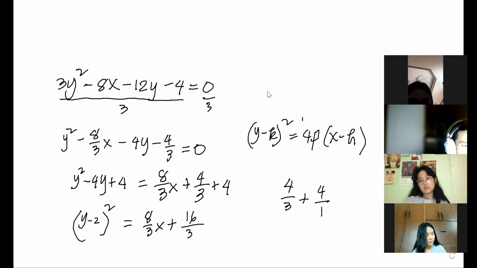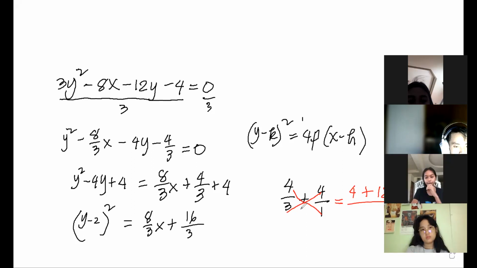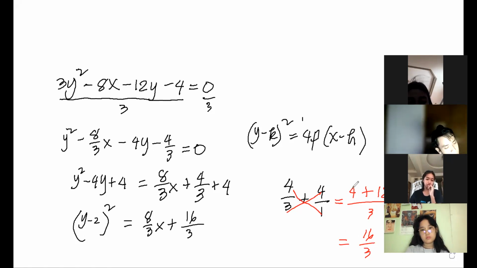What you will be doing is, you just multiply 4 and 1, that will be 4, right? You multiply 3 and 4, that is 12.